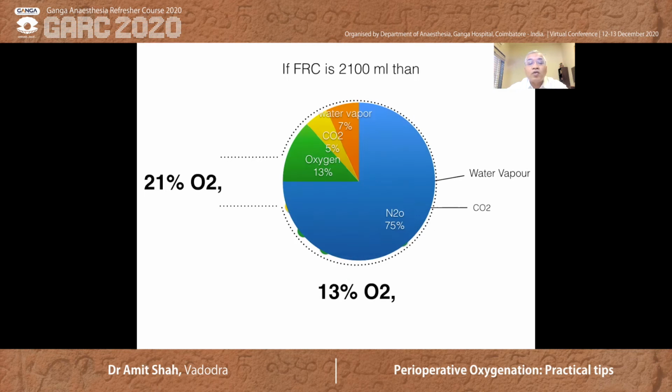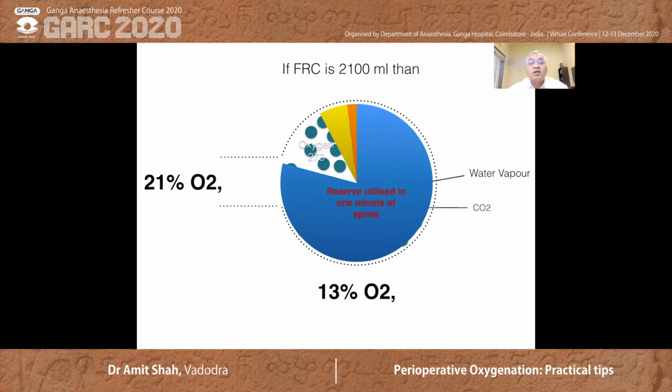That 13% of oxygen within the alveoli is roughly 273 ml if FRC is considered at 2.1 liter, and with 250 ml of oxygen consumed per minute by a healthy adult, this reserve lasts only for a minute.